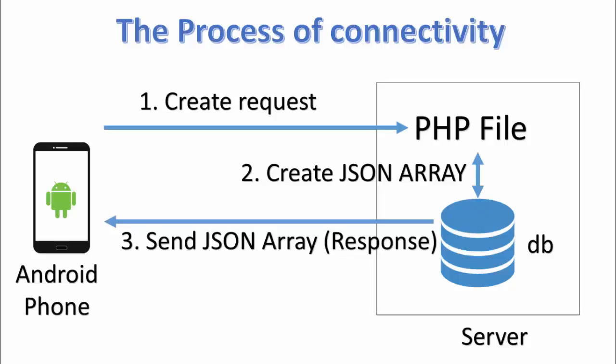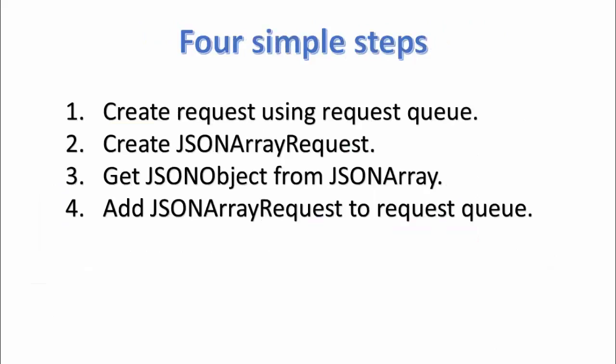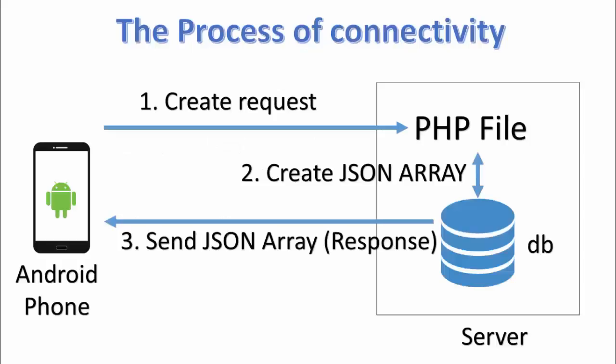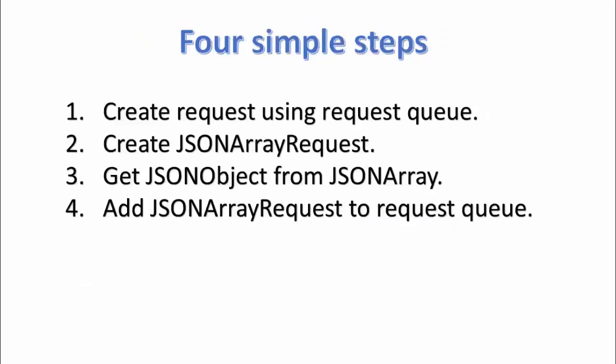And there are 4 simple steps in this process. The first step is we have to create a request. And second, the JSON array request. This we have to create because this class is used to get the JSON array from the server.